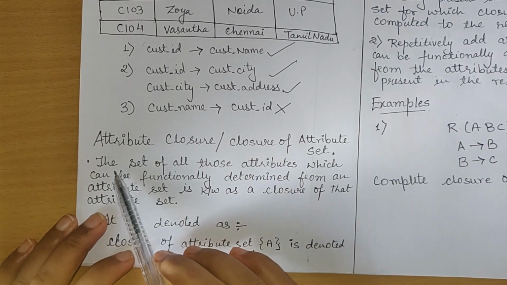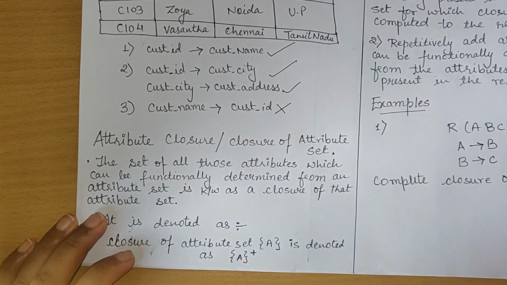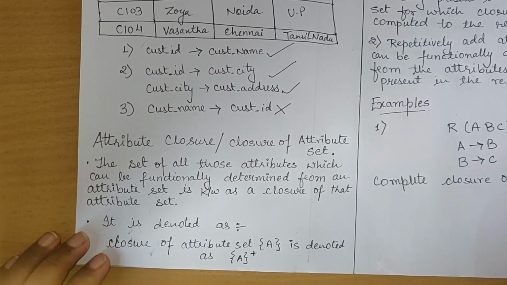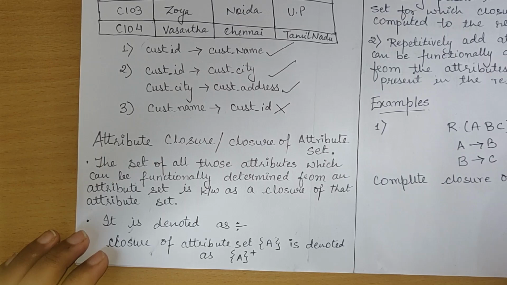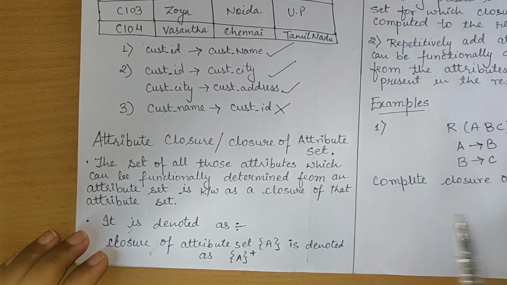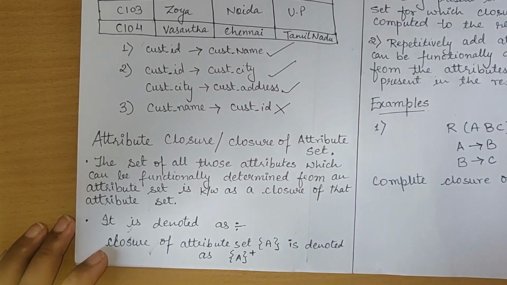The definition: the set of all those attributes which can be functionally determined from an attribute set is known as the closure of that particular attribute set. Fine. We will understand this with an example, and at that time you will understand this definition properly.